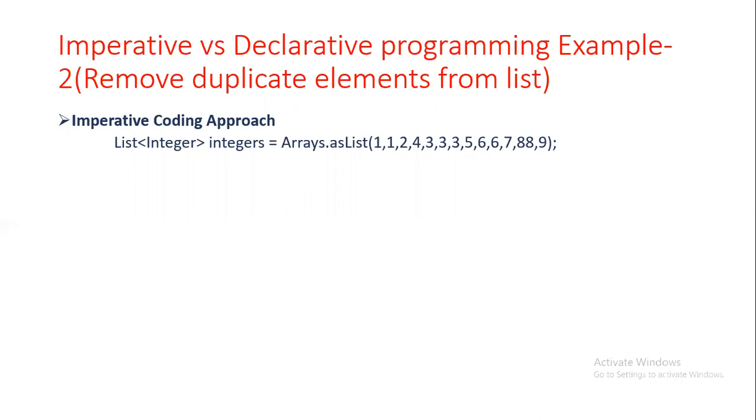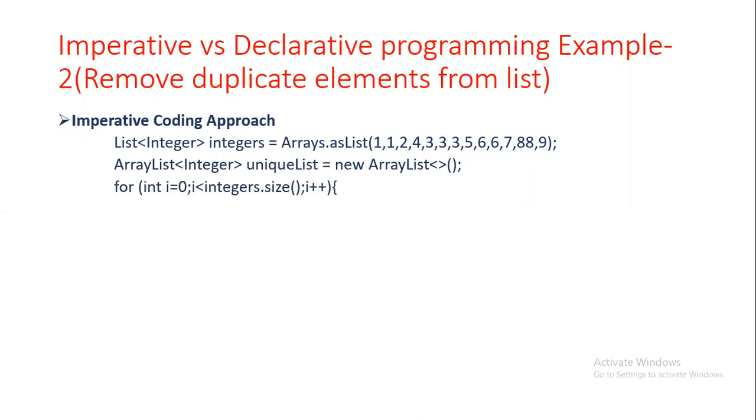Arrays.asList means, without creating an ArrayList object, there is a method in Arrays, asList, that gives us a list of integers. And for saving the unique integers, I took an ArrayList.